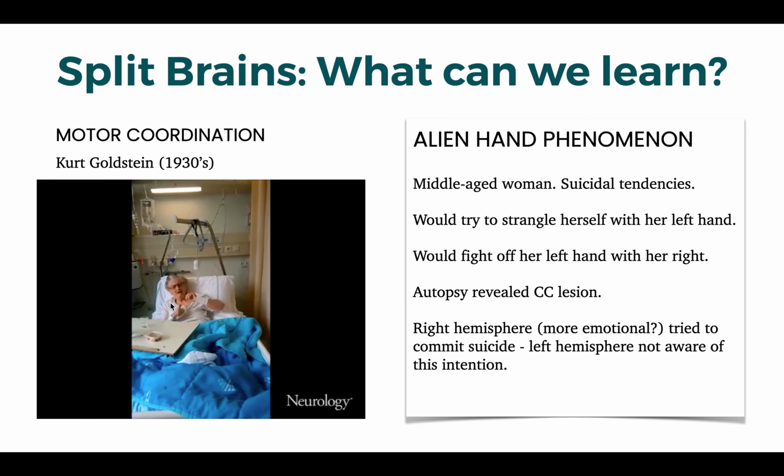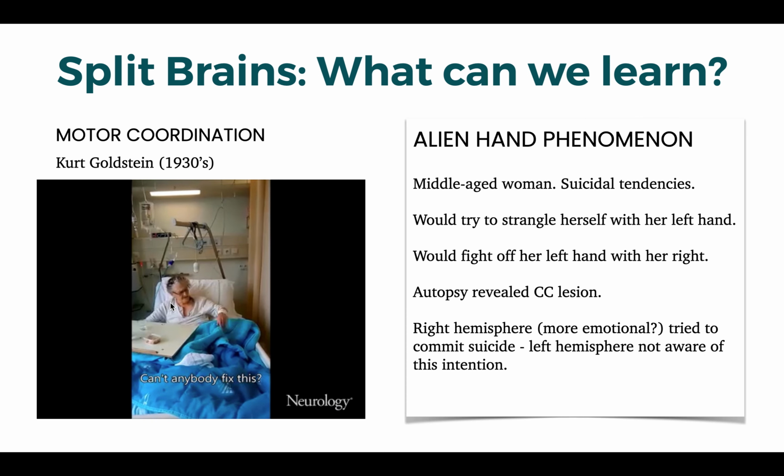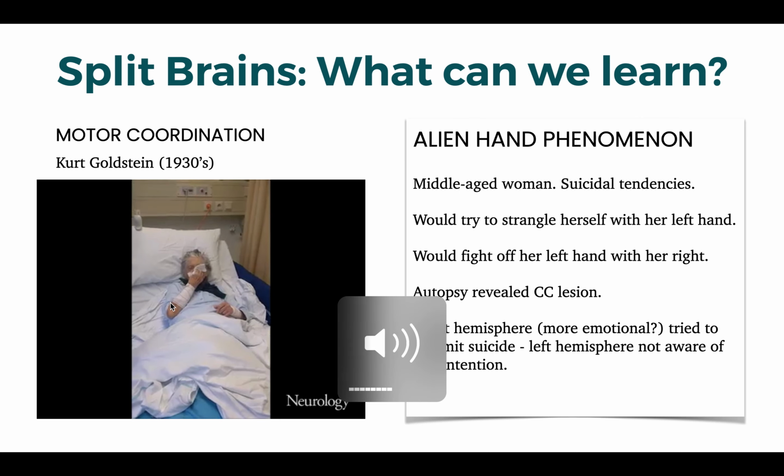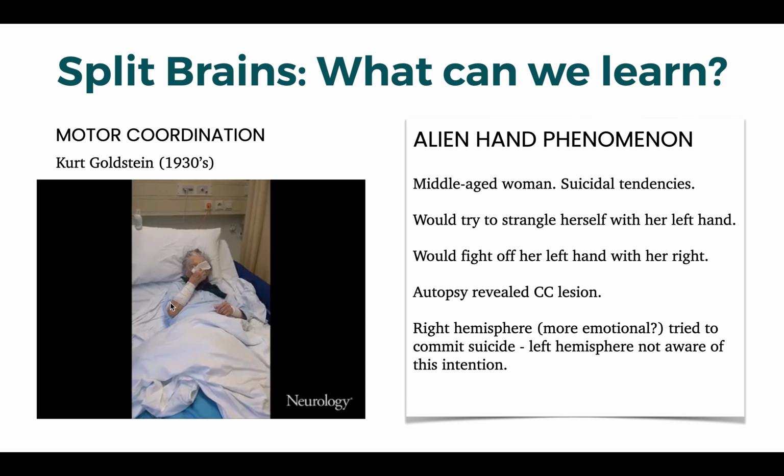Right, so poor thing. There's some communication between the hemispheres that's not taking place, such that the conscious part of the brain is not aware of what this unconscious part of the brain is trying to do, right?